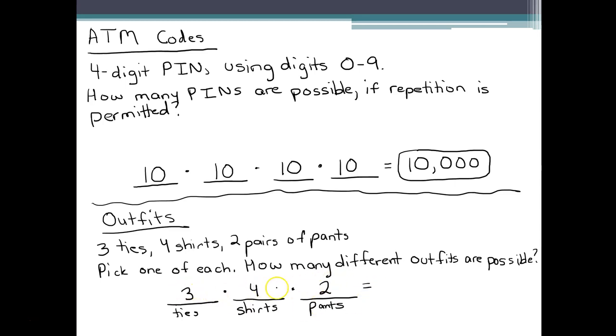And you multiply those together by the counting principle. 3 ties times 4 shirts times 2 pants gives you 24 different possible outfits. If you did your tree, you'd have 3 branches for the ties. Then off of each of those ties, 4 branches for shirts, and off of each of those shirts, 2 branches for pants. So you'd end up at the end with 24 sample points.